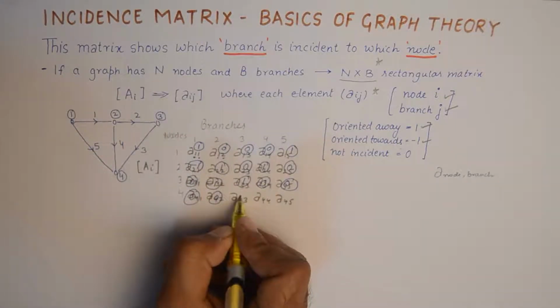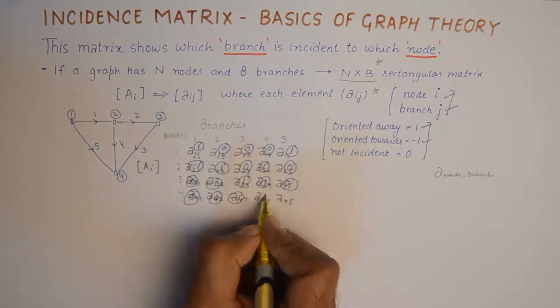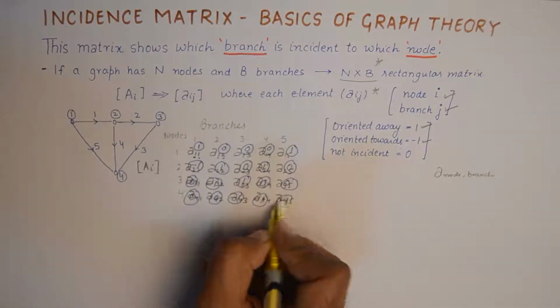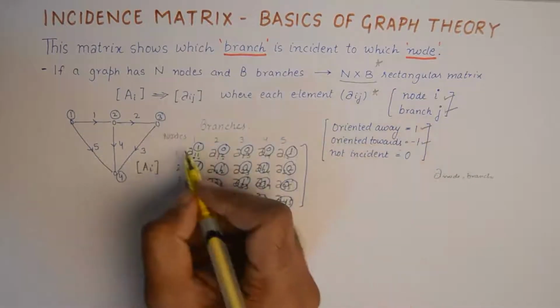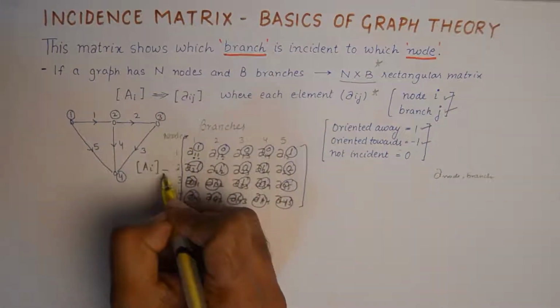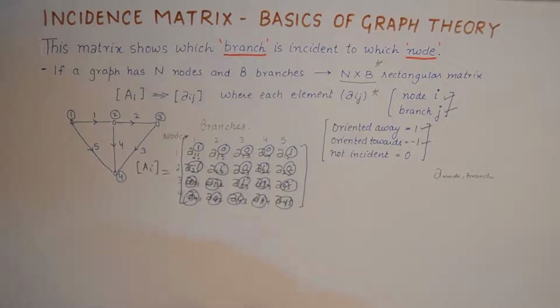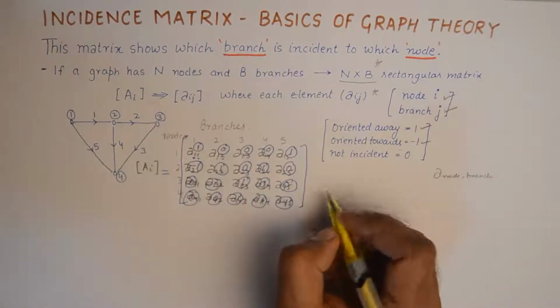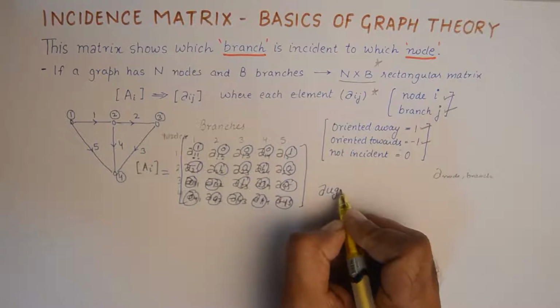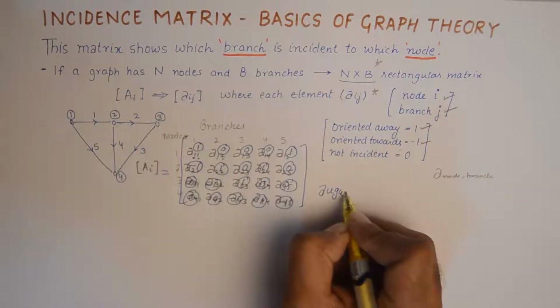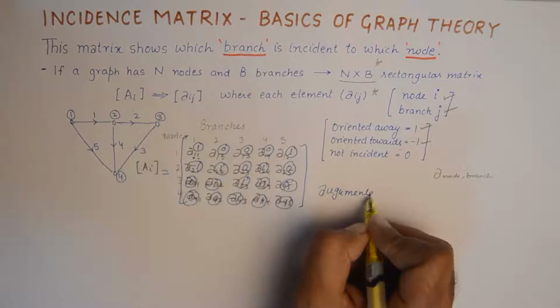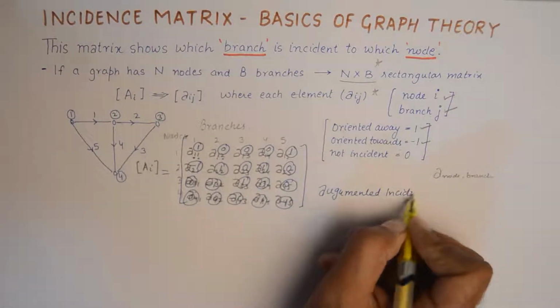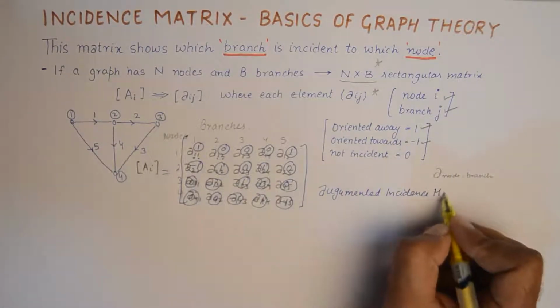I'm going to quickly complete this table for your reference, and then you can pause the video and do the calculations. So this will be your incidence matrix, and this complete incidence matrix is also known as the augmented incidence matrix.